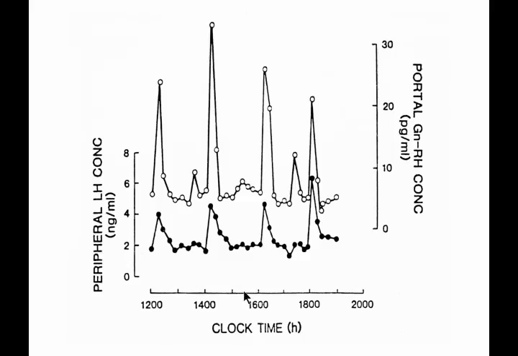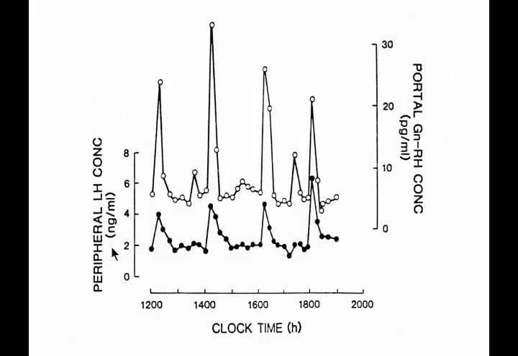And here we show an example of that. Here is a goat that has had a cannulation of the portal vein. I'm sorry, it's not a plate. It's a perfectly normal goat, other than he has a cannula in his hypothalamic portal vein, as well as in his peripheral vein.